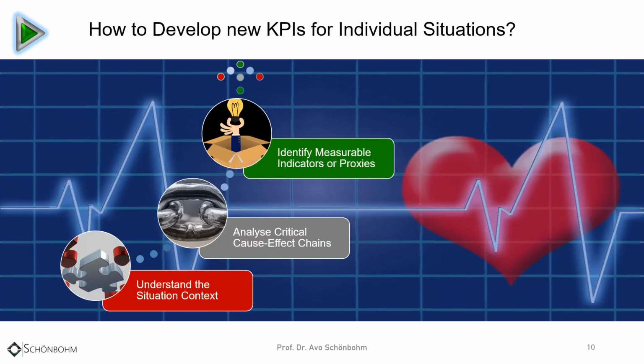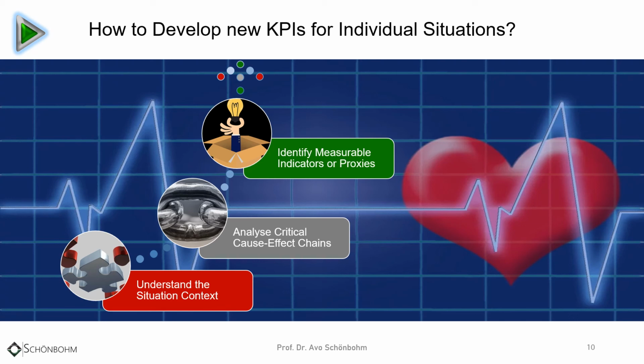So now comes the main question: how do we develop new KPIs for individual situations if that's so complicated? So first of all, you have to understand the situation context, and for that you have to become an insider. Even if you're perfect in understanding situations, you have to first get into the situation, analyze it, and know what's important.